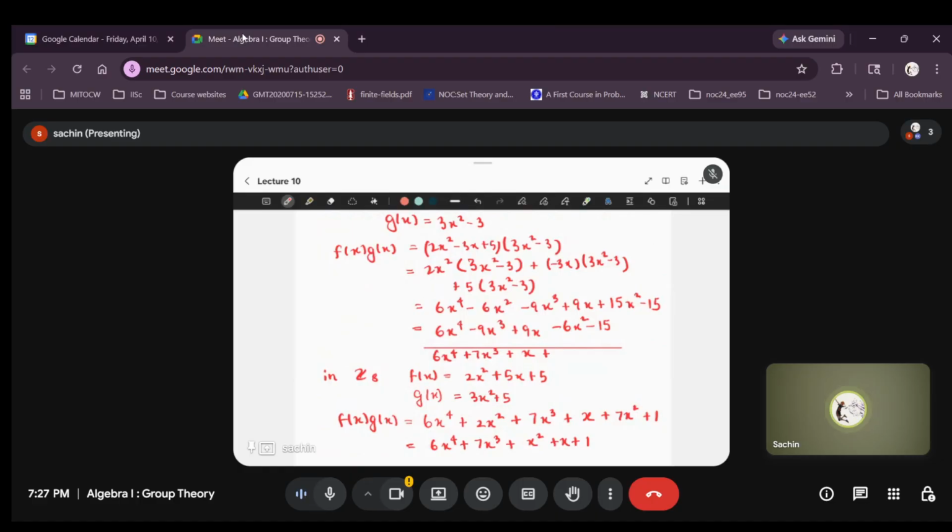Sorry, this is not minus 6x². This was minus 6 plus 15 was 9. So it was plus 9x².